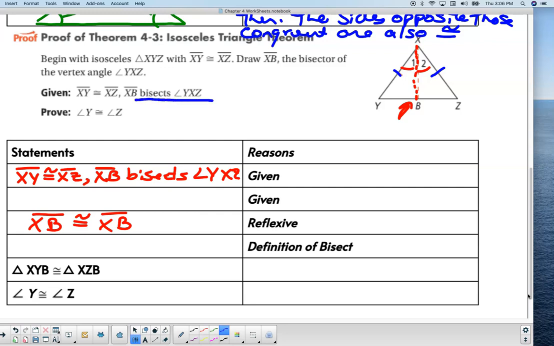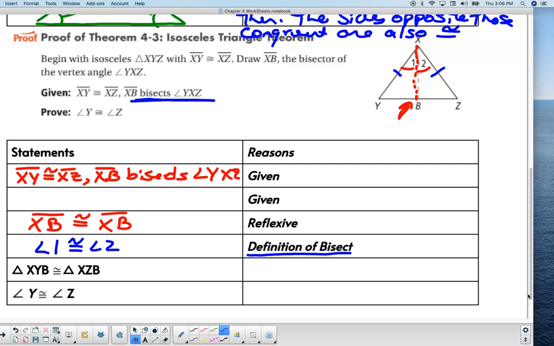Now, keeping in mind our vocabulary word: we don't make up definitions. If I have a vocabulary word in the given, I use it in my proof. We have the definition of bisect, so I'm talking about an angle bisector, and I know that angle 1 is congruent to angle 2 by definition of bisect.